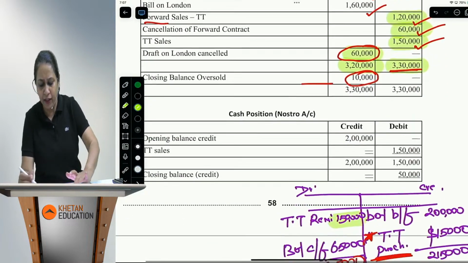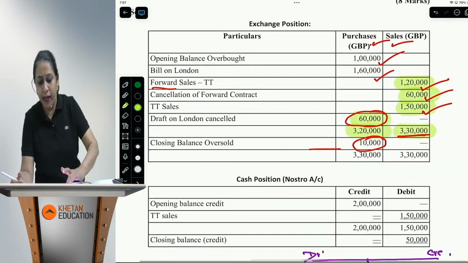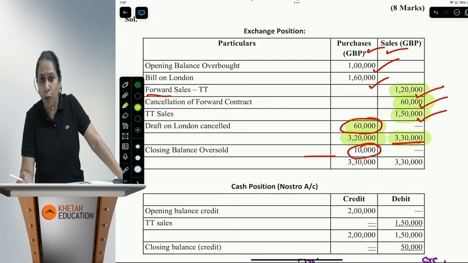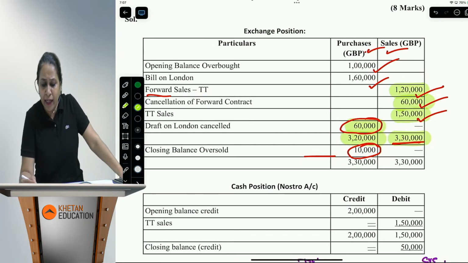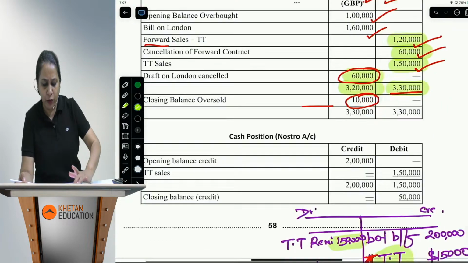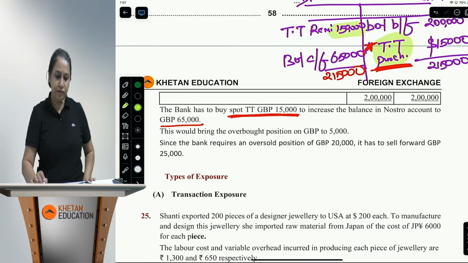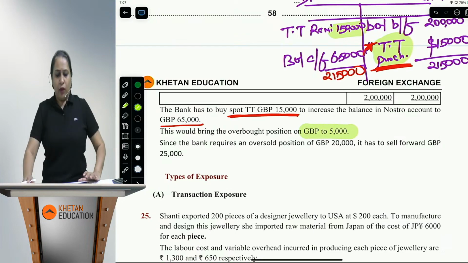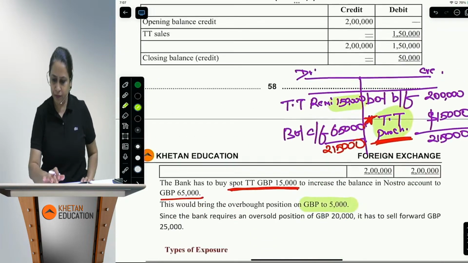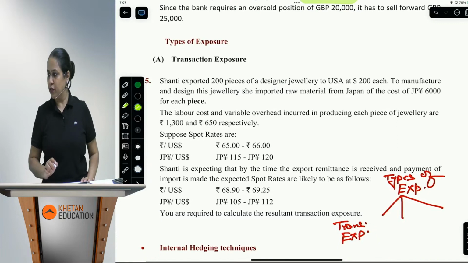And if you consider that you bought a TT of 15,000 on the spot because they asked you to maintain a credit balance of 65,000, and add it to the purchase column, then after adjusting that, it will be overbought by 5,000. This would bring the overbought position on GBP to 5,000. Are you fine, guys, all of you?